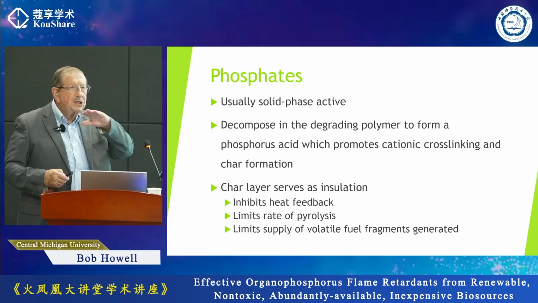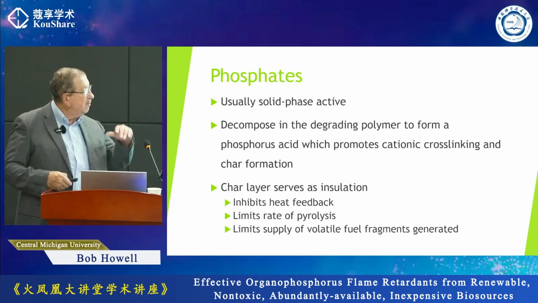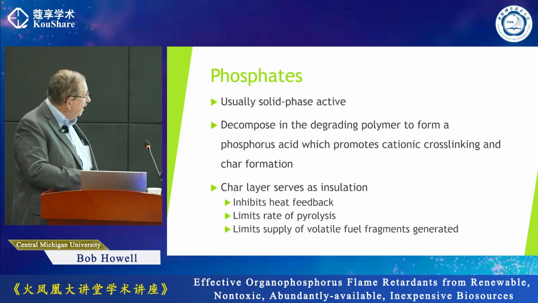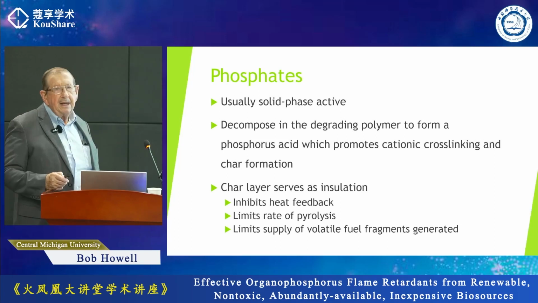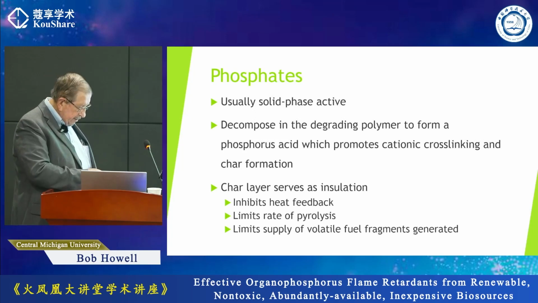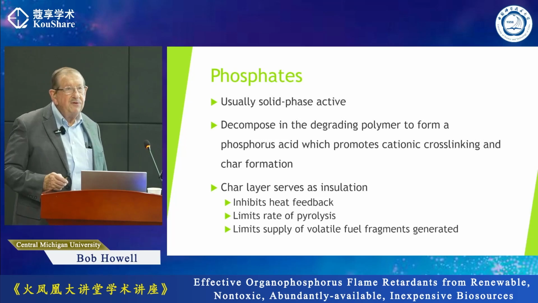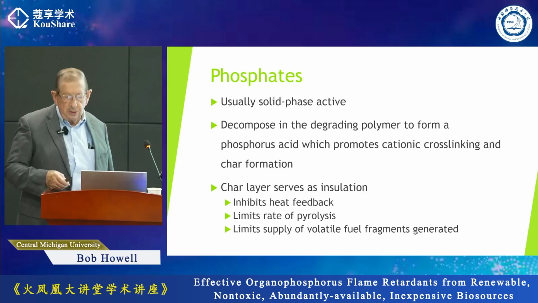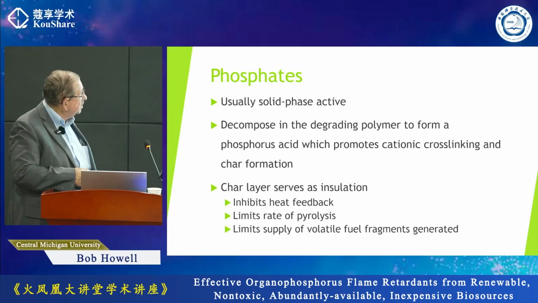So a char layer at the surface of the degrading polymer inhibits the heat feedback. It's a thermal insulation barrier, and that slows down the pyrolysis and decreases the amount of fuel that's getting to the combustion zone, and so limits the combustion.